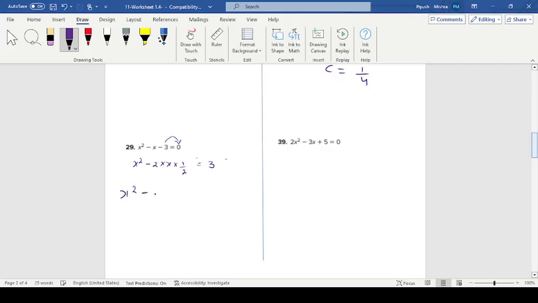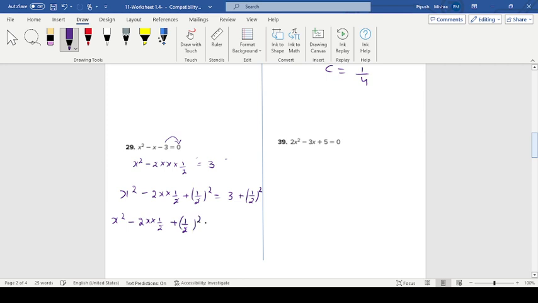So I can write here x square minus 2x times 1 by 2, and I will be adding 1 by 2 whole square this side and this side also. Solve it further. x square minus 2x times 1 by 2 plus 1 by 2 whole square.